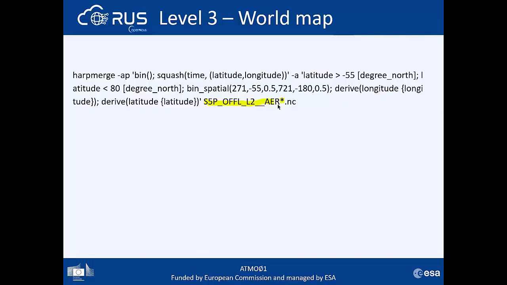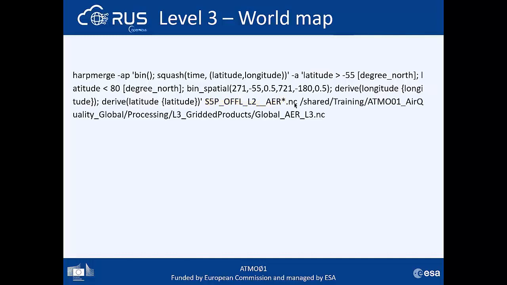So in this case, we are saying all the products in my folder that start with S5P underscore offline, etc., and then end with .nc are the ones we want to process. And after this, we just specify the output path for the output product. So this is the output path, and then just the output name and the output format. So once this is clear, let's go back to the virtual machine and run this command.